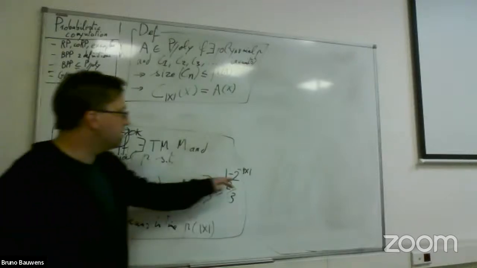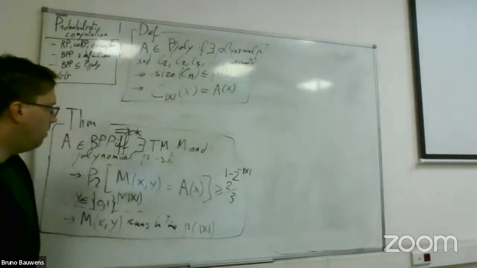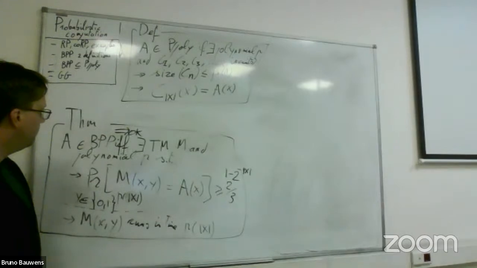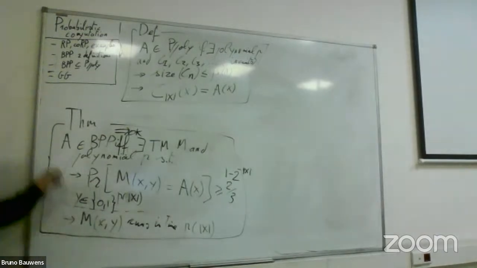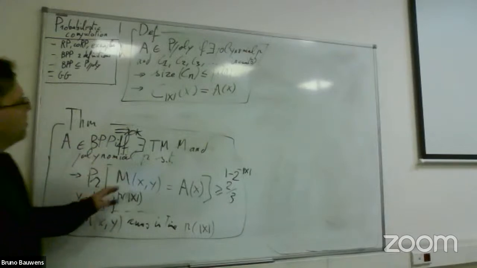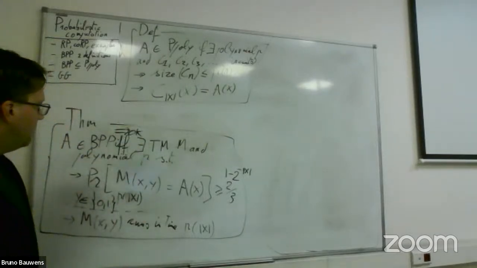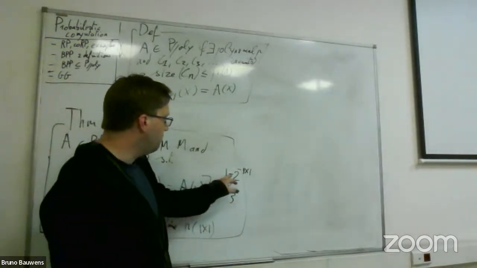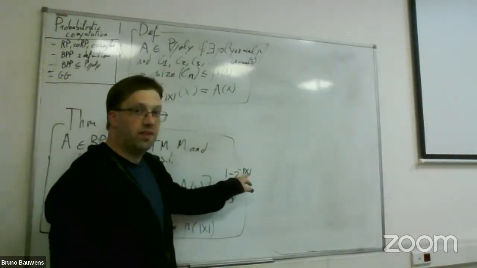So to get this result, A is in BPP if there exists a machine, or maybe the previous machine, that's always correct with probability 1 minus 2 to the power minus length of x.